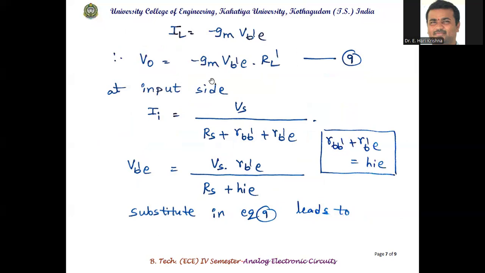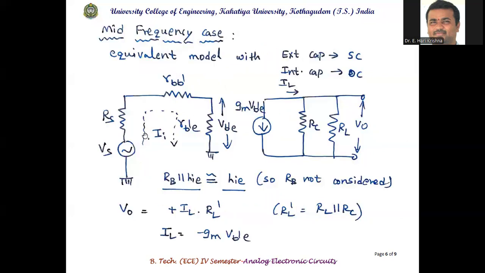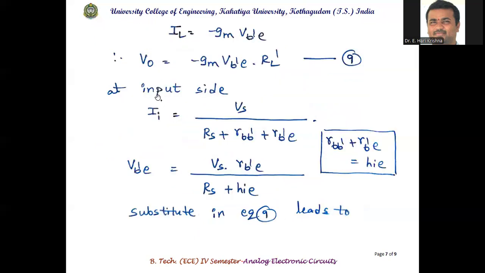Now towards the input side, the current flowing through the circuit we have denoted as II. One voltage source and three resistors are there, and VB dash E is the voltage across RB dash E. So II is equal to the total voltage Vs divided by Rs plus RBB dash plus RB dash E. From the conversion formulas, which I have not discussed in the lecture, RBB dash plus RB dash E is HIE.